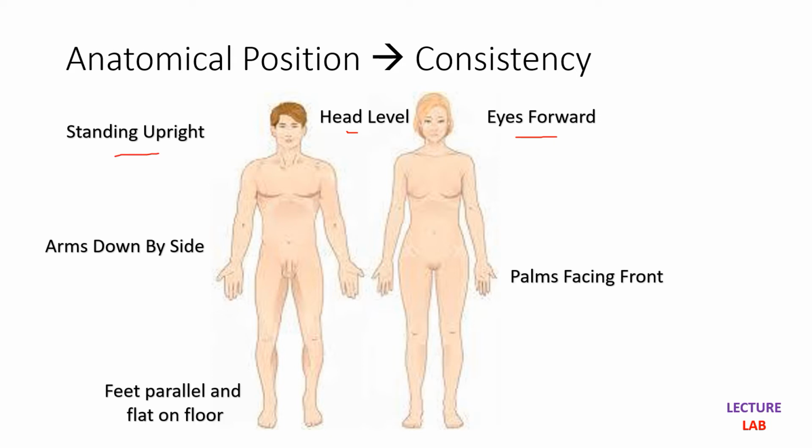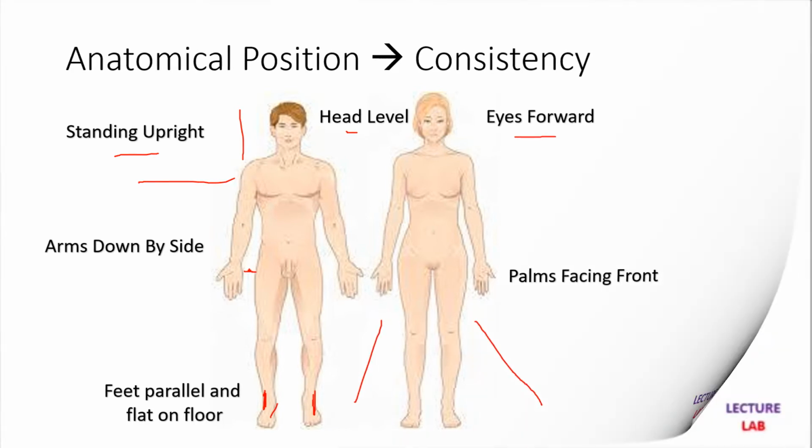Your arms are at your side, down towards your side, just resting, not touching your body, not extended out at your shoulder, not above your head. Your feet are parallel and flat on the floor. Your legs are about shoulder width apart, right? Your feet aren't touching, nor are they spread out.